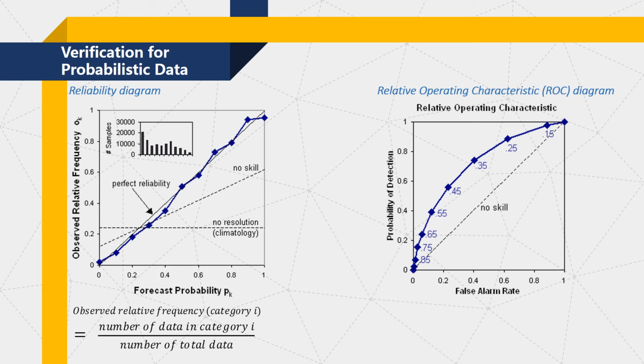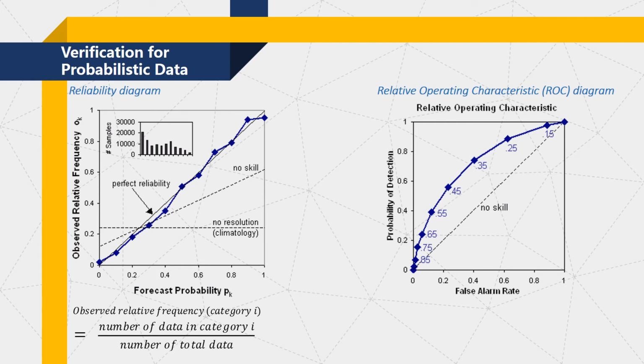Furthermore, when the plotted point lies below the diagonal line, over forecasting is indicated, or the probability is too high. When the plotted point lies above the diagonal line, it indicates under forecasting, or the probability is too low.